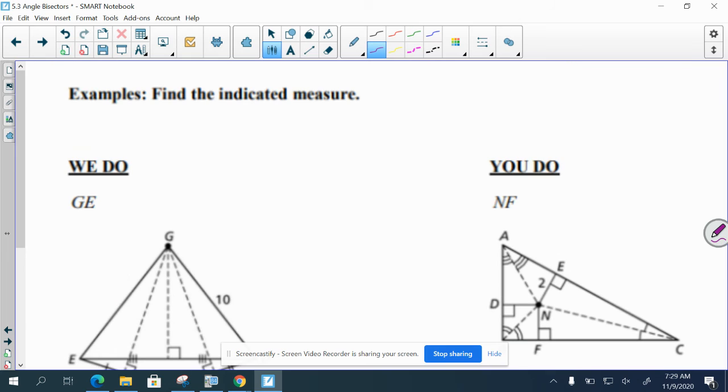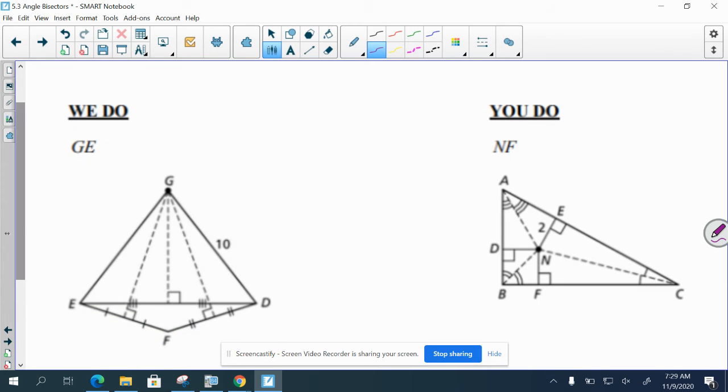Okay, some more complicated examples. Once again, these are not hard to figure out. NF would just be 2, because here you've got angle bisectors and you're following the incenter theorem. So these 3 segments would be congruent to each other. Okay, so these questions here are not that hard.